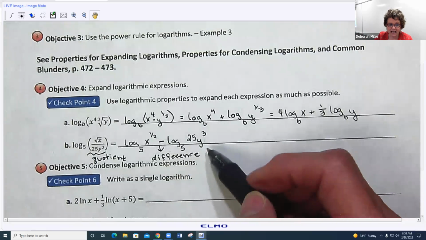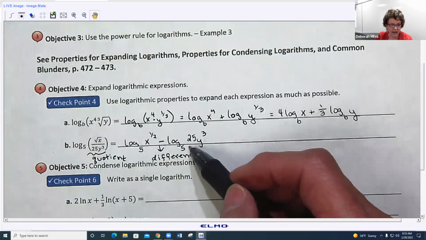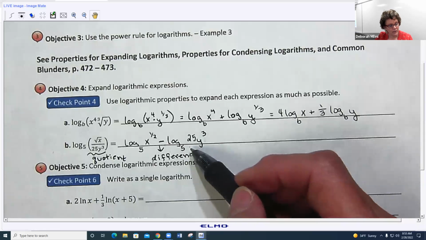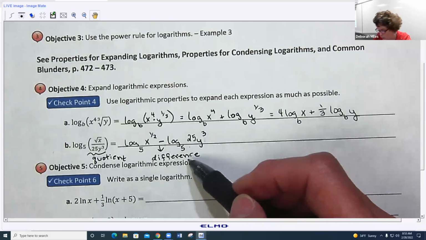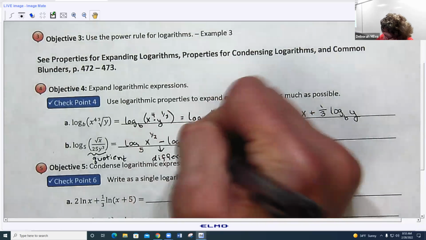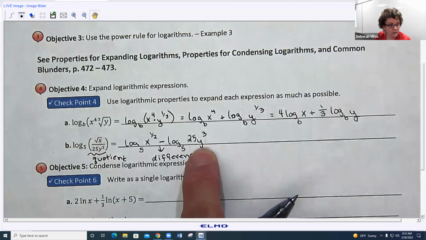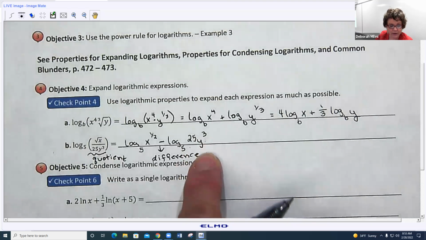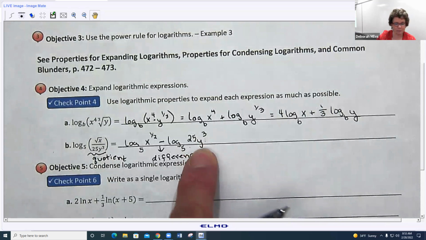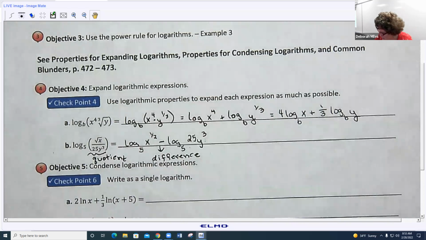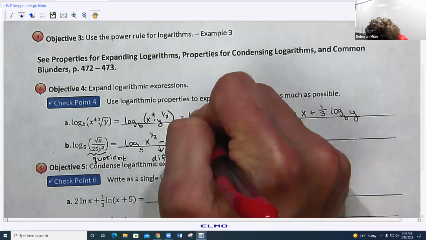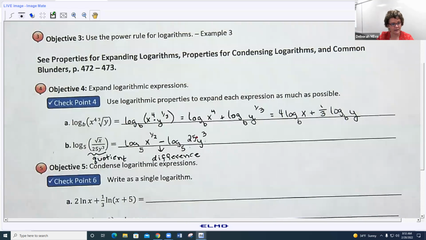But as it is, that 3 doesn't apply to the 25. So there's something else I need to do before I use the power rule, and that's to recognize that 25y cubed is a product. I need to use the product rule to break that apart before I use the power rule. Again, put a little dot, helps your eyes see that.